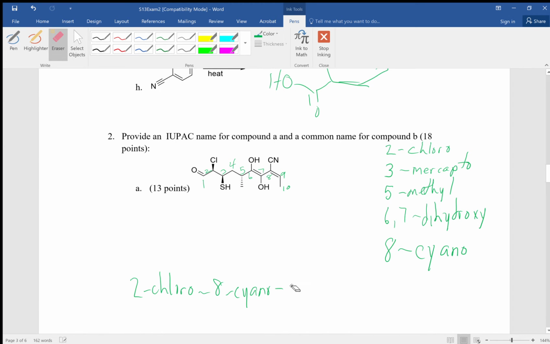We skipped one. 6-7 dihydroxy. Now we can get our 3-mercapto. And finally 5-methyl.